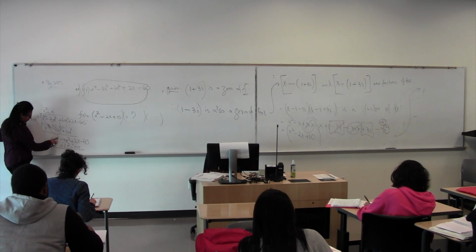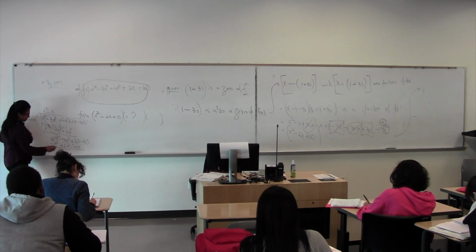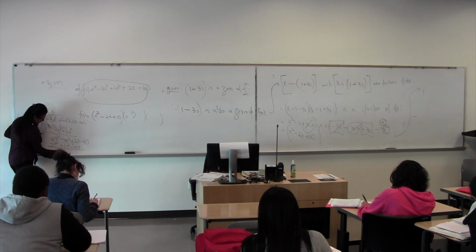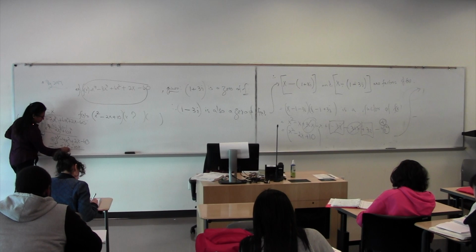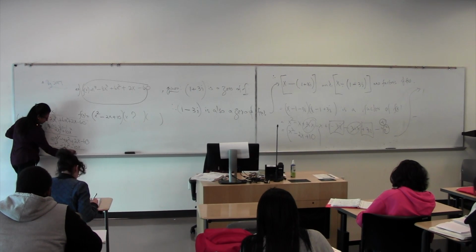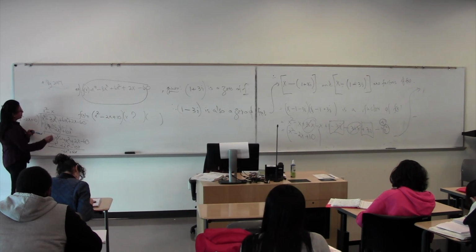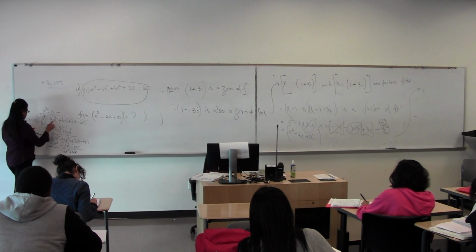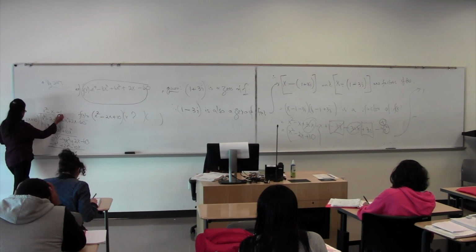Negative 6. These get cancelled, right? What do we have here? Negative 6x plus 12x. All right. You guys are doing good here. We want to get rid of this. Minus 6.